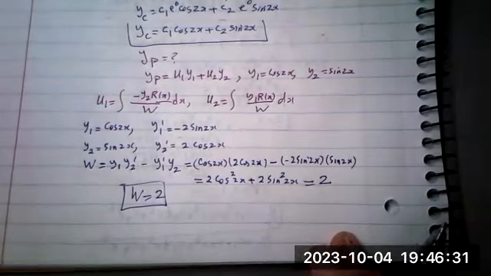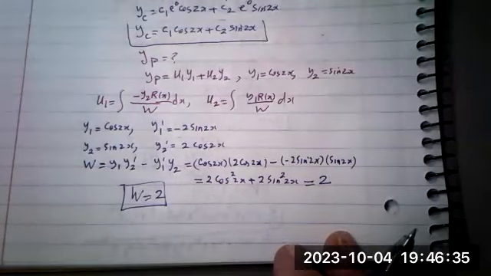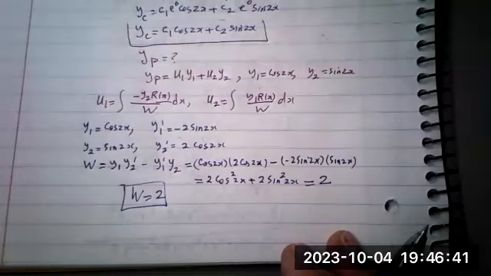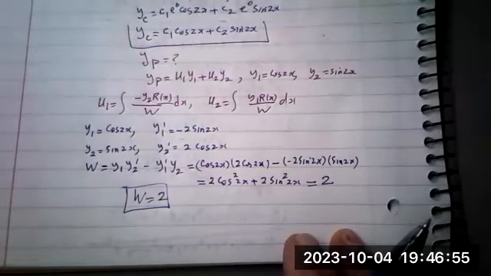But you have to be careful. When you identify the r of x, make sure that the coefficient of the y double prime is 1. If it's anything else, you have to divide it. The way we proved the formula was with the monic equation.